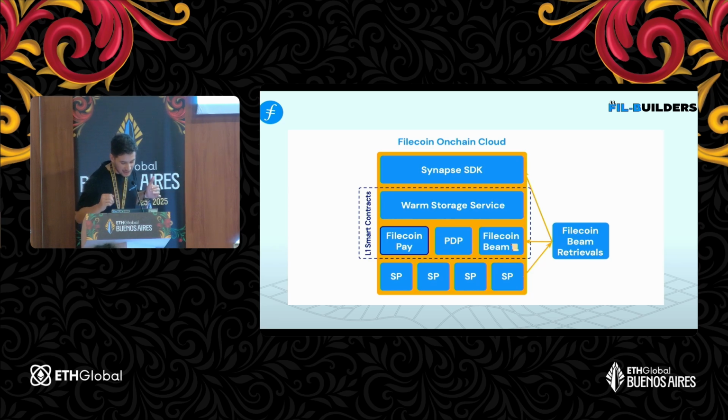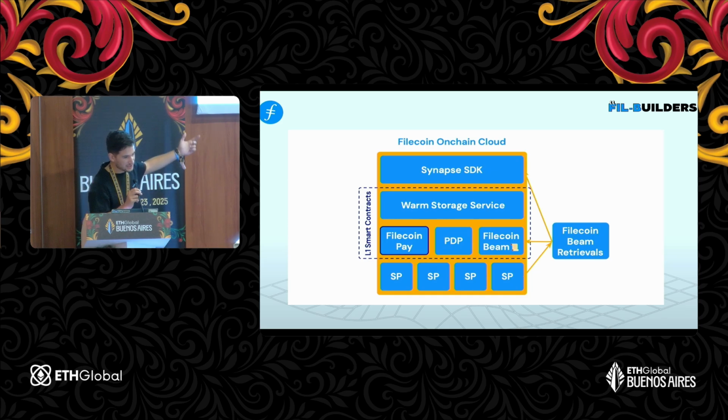At the same time, you have the PDP protocol, which storage providers need to use to submit the proofs so that you know that storage is there and warm. On top of that, you have the other DePIN services. One example is Filecoin Beam, which is a CDN version that gives you fast retrievals, but you as a builder can add more services on top of that.